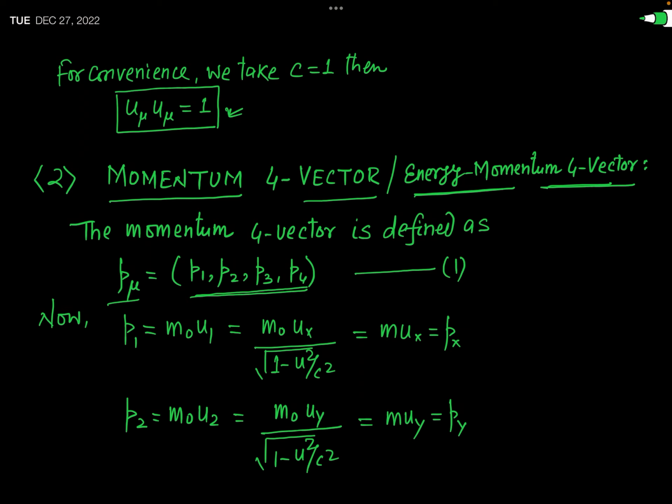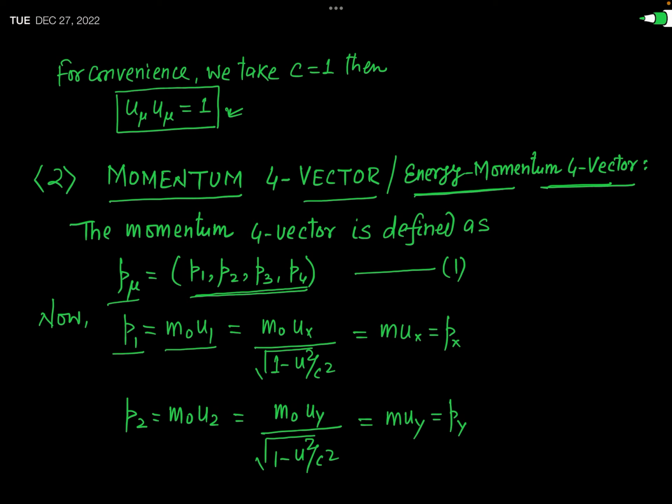You have to find the values of all these four components. As you know, this p1, which is the first component of the momentum four vector, is defined as m naught u1. m naught is the rest mass of the particle, and u1 is the first component of the velocity four vector.